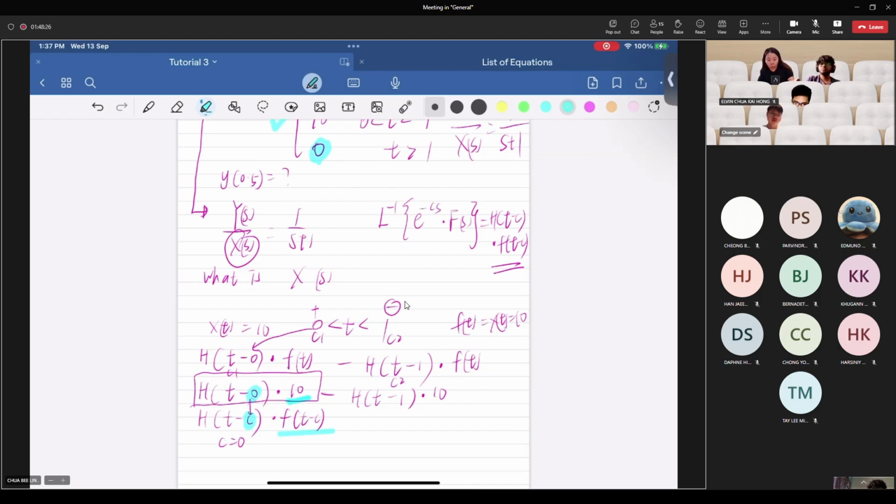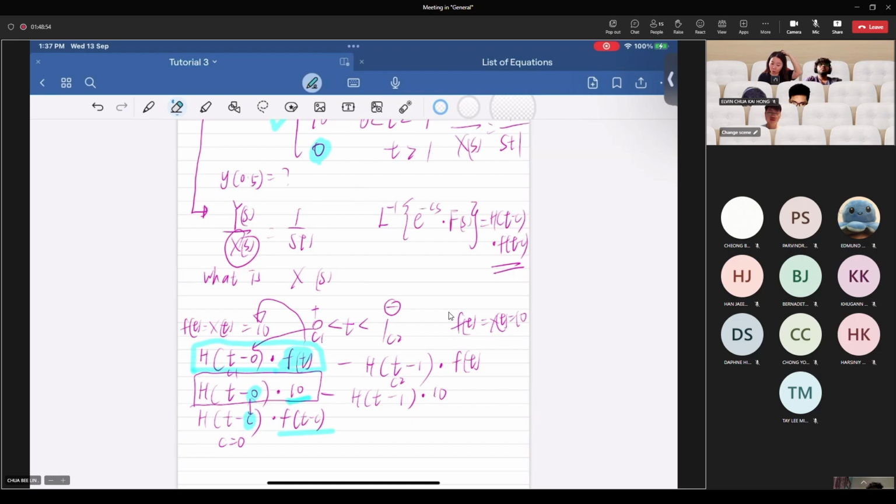So the equation we always start with is h(t minus c1) multiplied with the function of t, and now your function of t is 10. So the equation is h(t minus c1) multiplied with f(t), then minus h(t minus c2) multiplied with f(t).